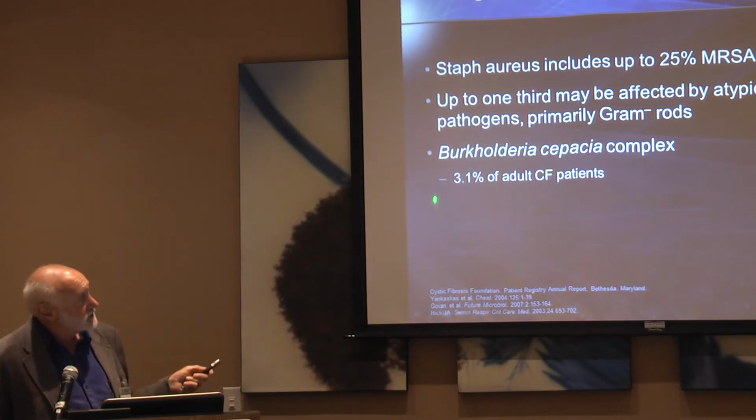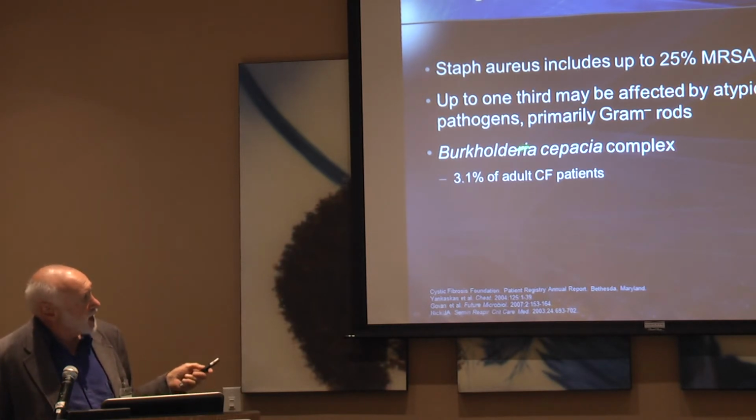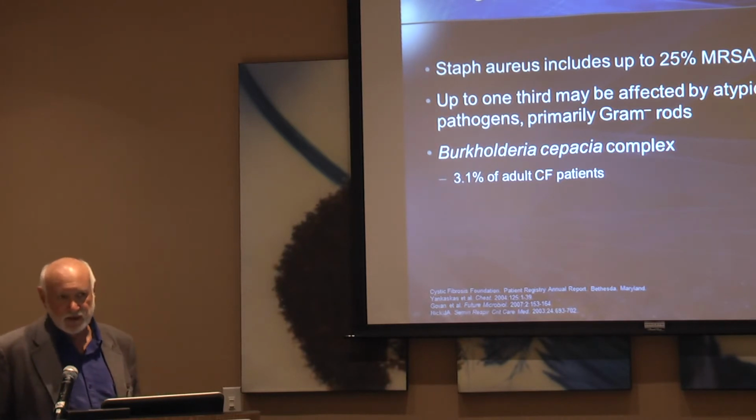And we now know that there's a large number of different species in this family, Burkholderia, and not all of them are bad players. Some seem to be much less aggressive than others. So if your child has grown this, it's very important to get into a discussion with a physician about the exact form of Burkholderia that's present.